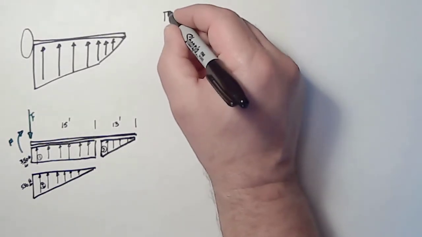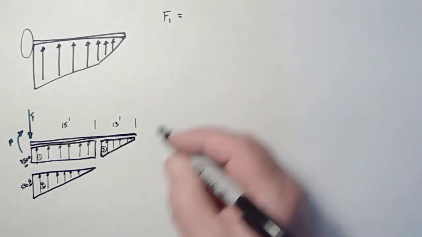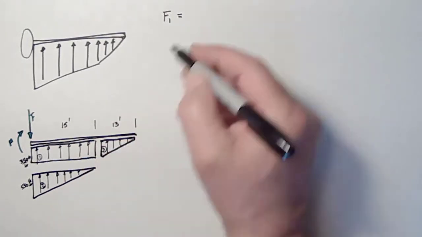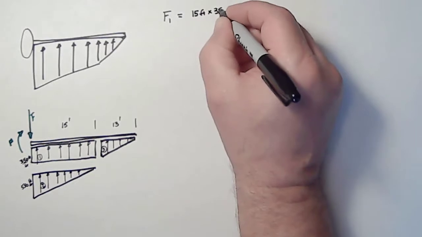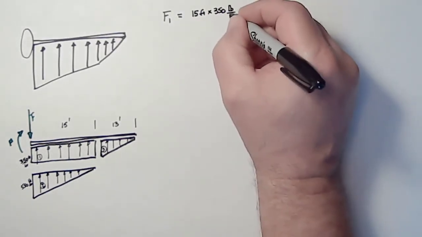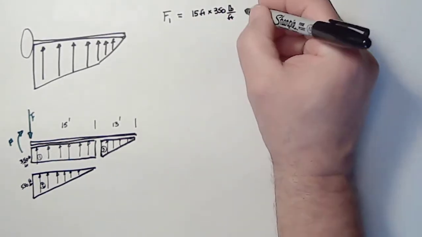So area 1, also known as force 1, is 15 feet times 350 pounds per foot. Now this is not a moment.